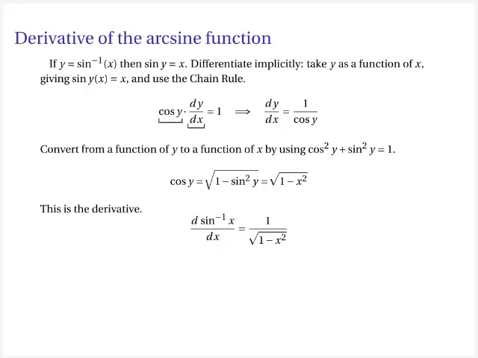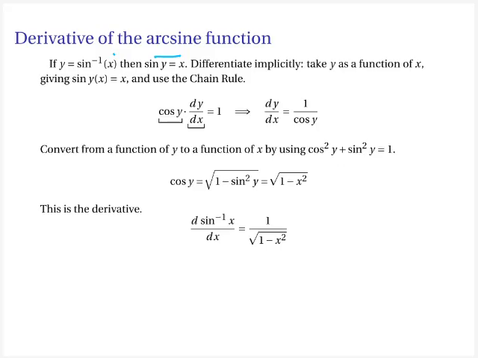The derivative of the arcsine function, we're going to go through it two ways. One way is implicit differentiation. If I want to take the derivative of the arcsine function, I can put it in this form: sine of y equals x.